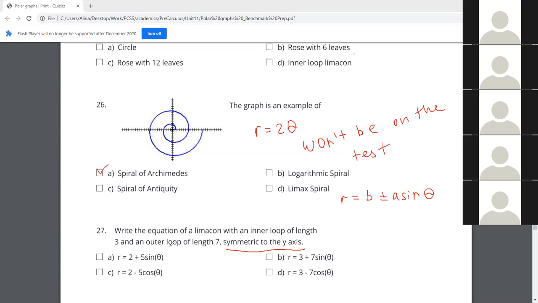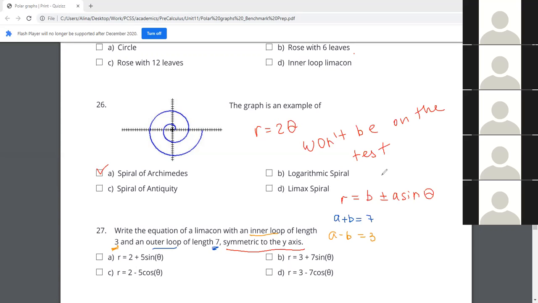I know the outer loop is 7, which means A plus B has to be 7, and the inner loop is 3, which makes A minus B equal to 3.